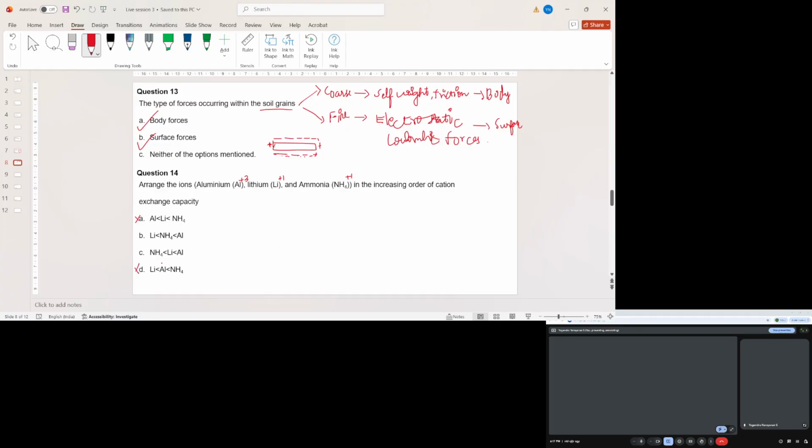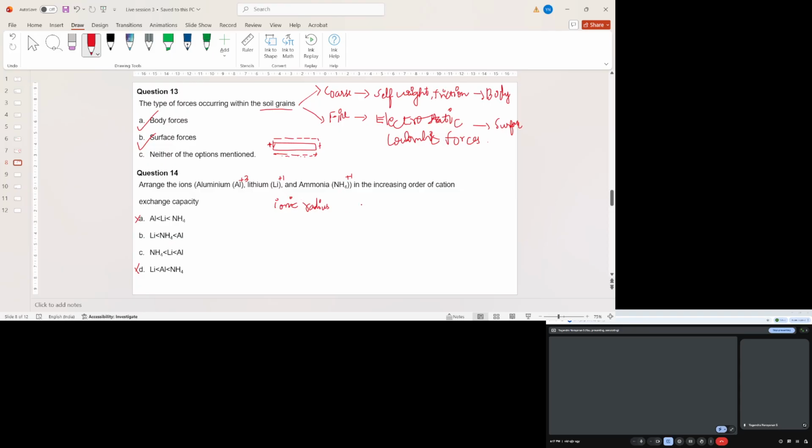The remaining question is whether ammonia or lithium is lesser. When two valencies are the same, the ionic radius comes into picture. The ionic radius of lithium is less than ammonia.